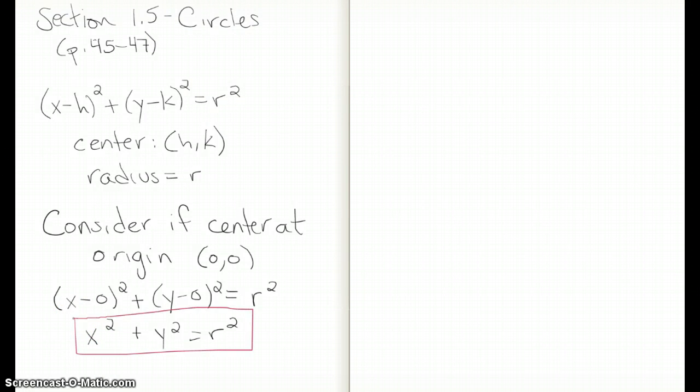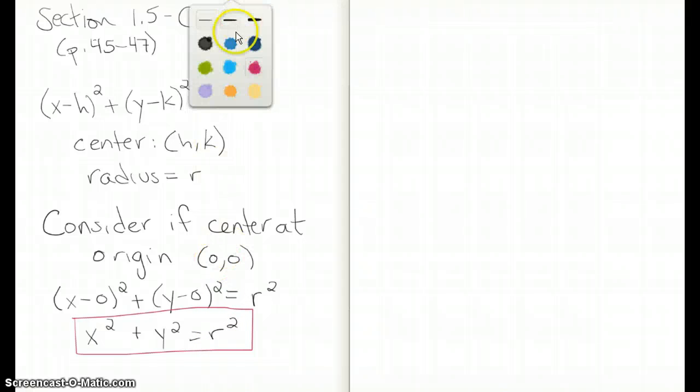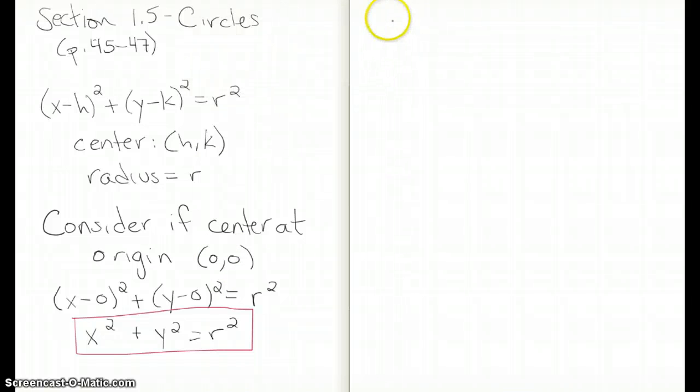This is a special equation because this is the equation of a circle that's centered at the origin. And of course you get to choose the radius still. We could choose whatever we like here to be the radius. For a specific kind of circle centered at the origin, we can choose a special radius, and this is a really frequently used circle, especially in 112, but in other places as well in mathematics and geometry.